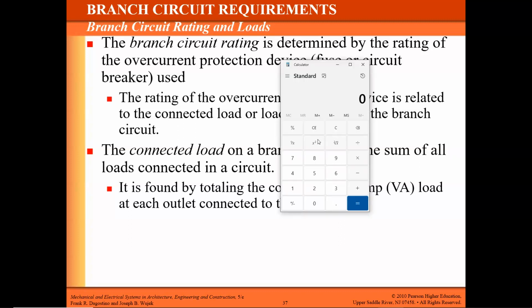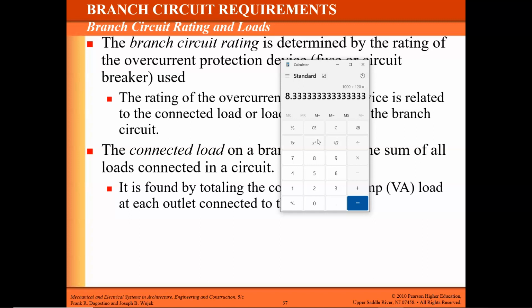So let's say we have 1,000 watts on a circuit. We divide that by the voltage, 120 usually, equals 8.33 amps. So we know that in this scenario, really any breaker that you can buy for a residential application is going to be capable of servicing that circuit.